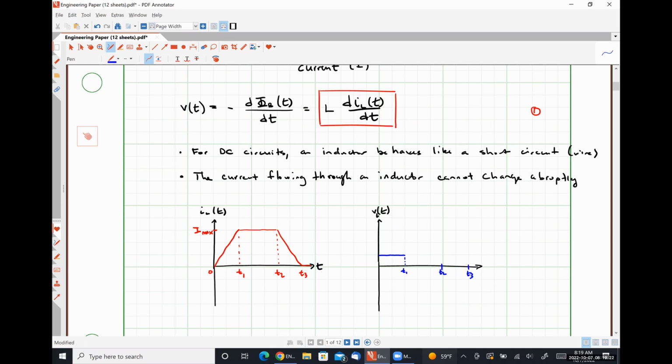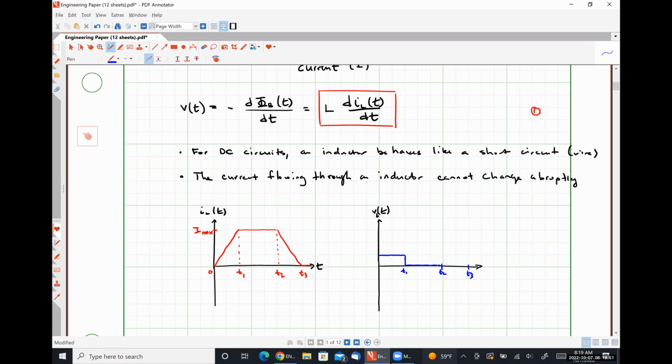For the interval T1 to T2, what's the slope of the current? 0. And since the slope of the current is 0, that means the voltage drop across the inductor is 0. So our voltage will drop abruptly down to 0, and it will stay 0 the entire time the current flowing through the inductor is constant.